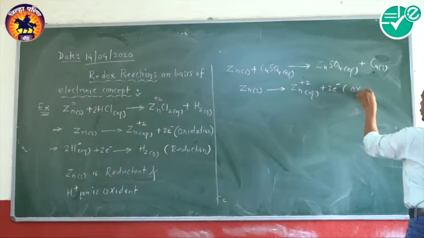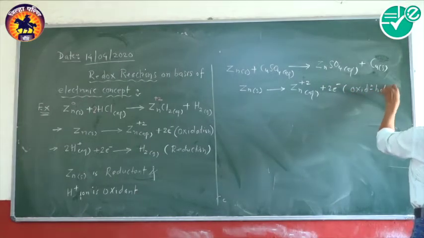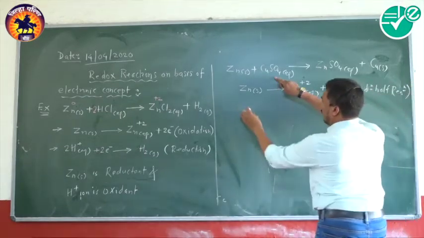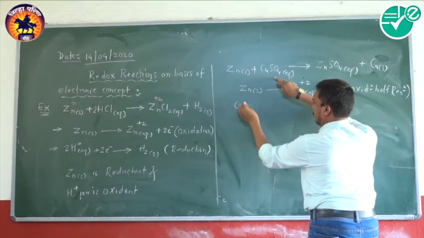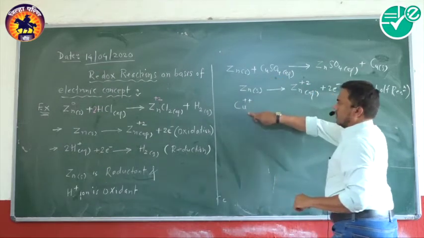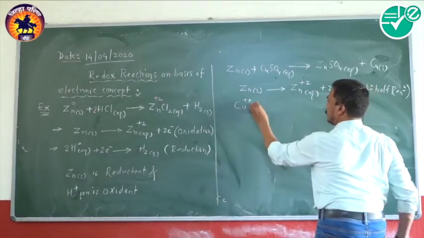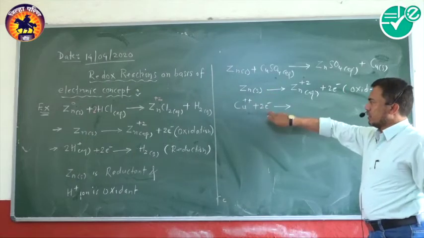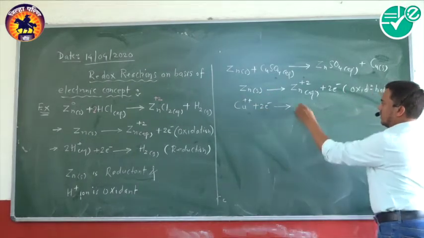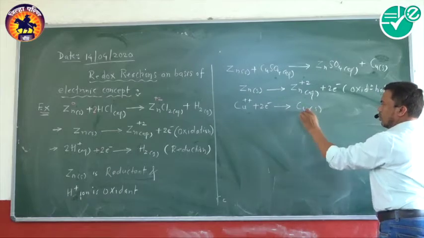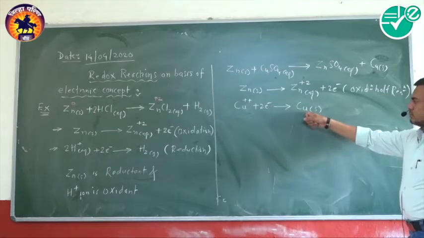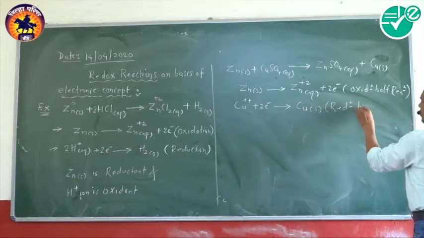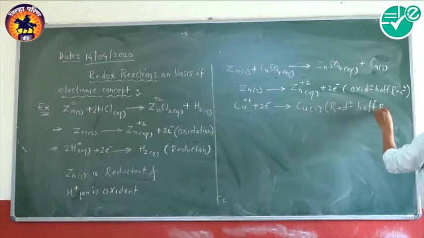This is called the oxidation half reaction. Simultaneously, in the aqueous solution of copper sulfate, the copper ion accepts the electrons which are lost by the zinc strip. It accepts the electrons and converts into a copper metal atom. In this case, the process is called the reduction half reaction.